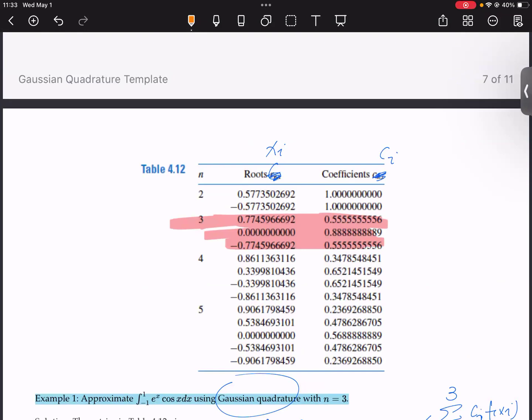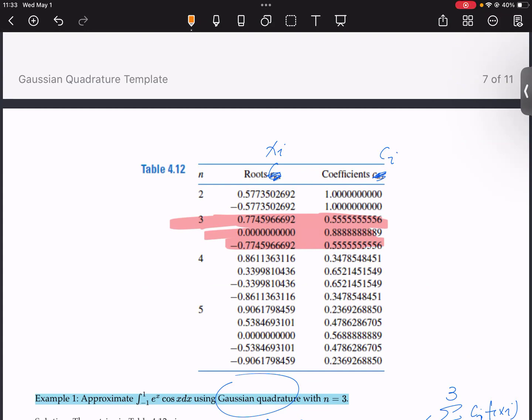So this is standard. We just need to solve the Legendre polynomials to get the nodal points. These are the nodal points on the interval -1 to 1, and now we're going to use these nodal points to get the approximation of this integral.